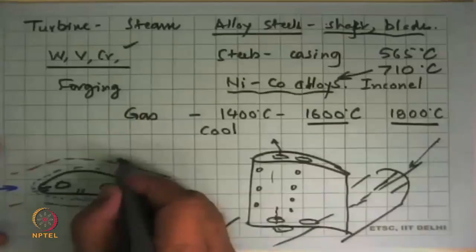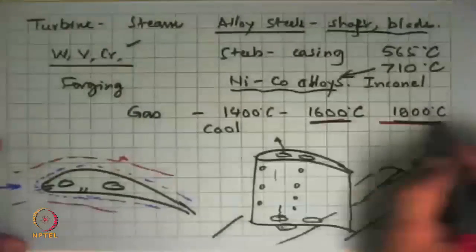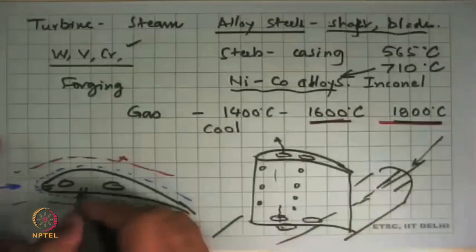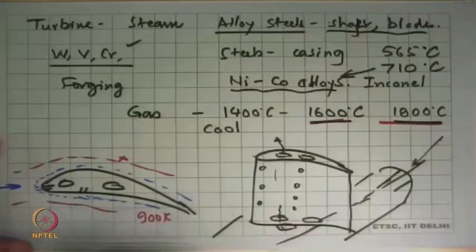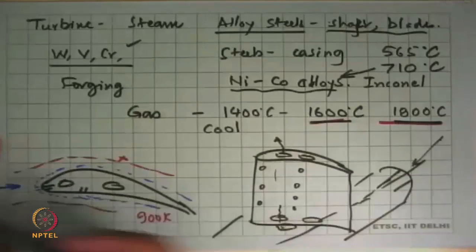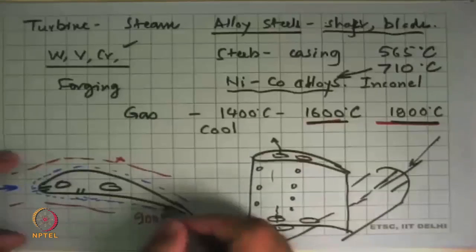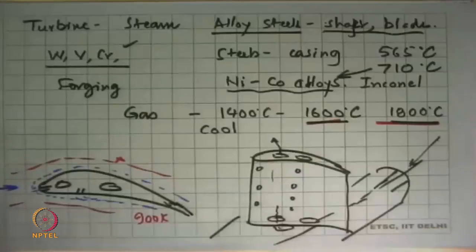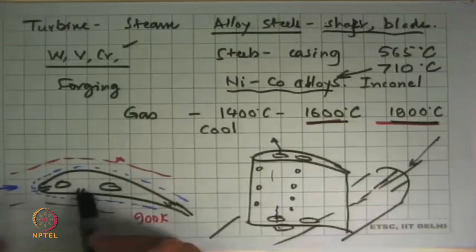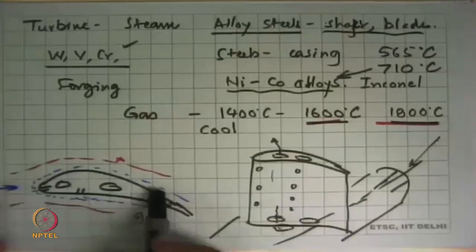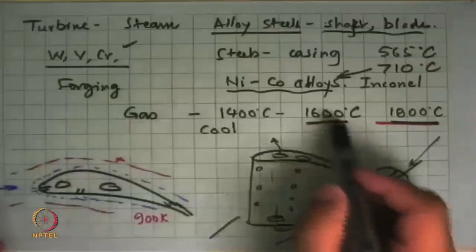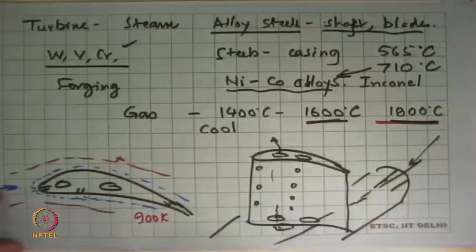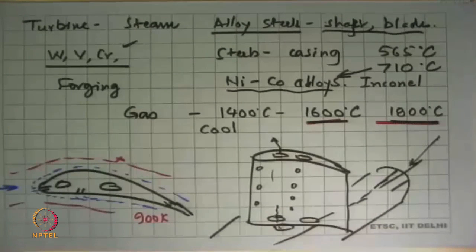So the temperature here is what I mentioned, 1600, 1800 degrees Celsius. This air that is coming out is about 900 Kelvin or something of that order. And so the surface of the blade has, some air is also put out to the back part here. So this is sort of open here. So there you have a blanket of cold air surrounding this blade so that the material temperature does not go anything like 1000 degrees Celsius or even less than that.